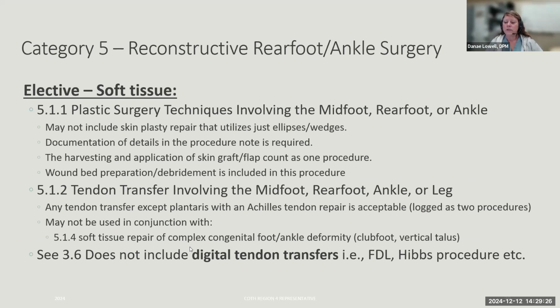Documentation of the details in the procedure note is required. 5.12 is for tendon transfers, with the exception of the plantaris with an Achilles repair, which would be logged as 2 procedures, and cannot be used in conjunction with soft tissue repair of complex congenital deformity repair, such as clubfoot or vertical talus. This does not include digital tendon transfers such as FDL or Hibbs procedures, which are logged in category 3.